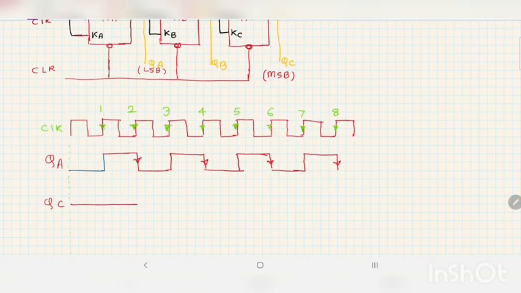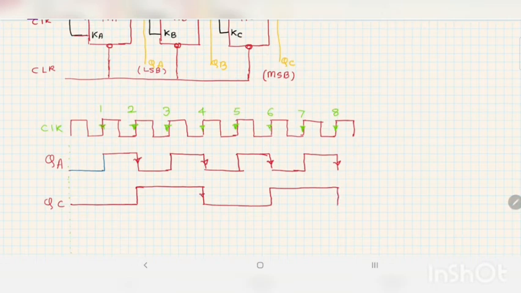Initially it is low, and during the negative clock pulse it gets changed, means toggles, and again it gets toggled.